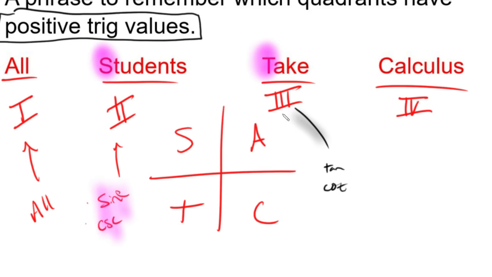And then the fourth quadrant, calculus, that would mean cosine. And so in quadrant 4, cosine and secant are positive.